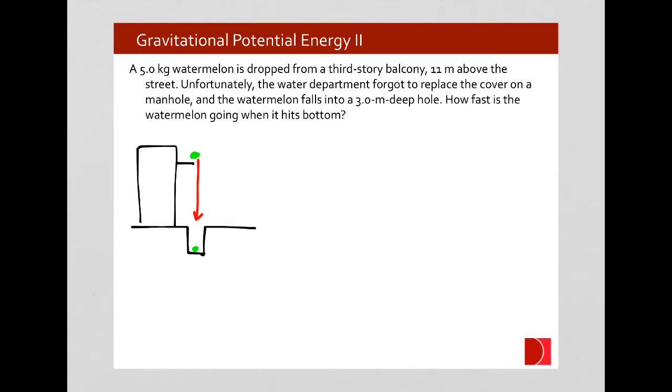And so in this situation, we're looking at the motion of an object, and that object is subject only to gravity. There's no other external forces in the system, and so this is a great candidate for us to use conservation of energy, to use the conversion of energy between kinetic and potential sources.